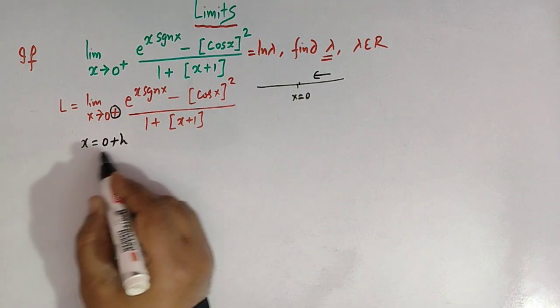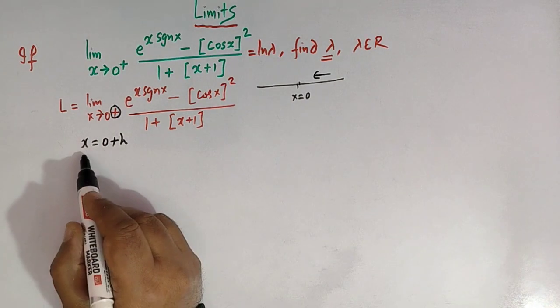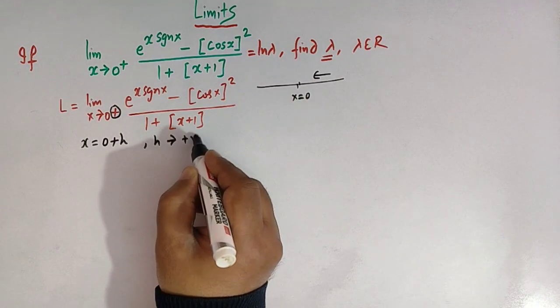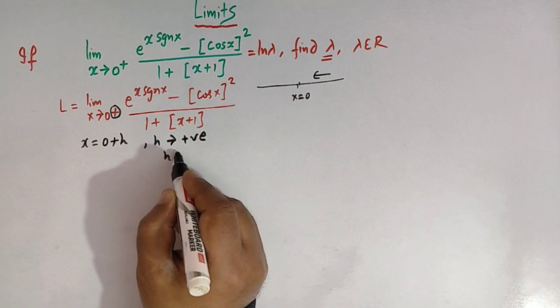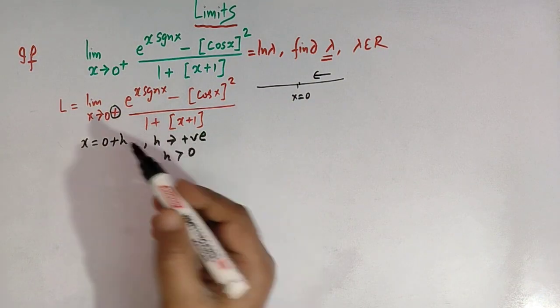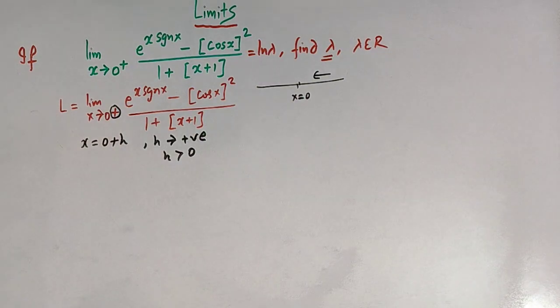So we take x equal to 0 plus h, where h is a positive quantity, h is greater than 0, and moreover h is a very small quantity.